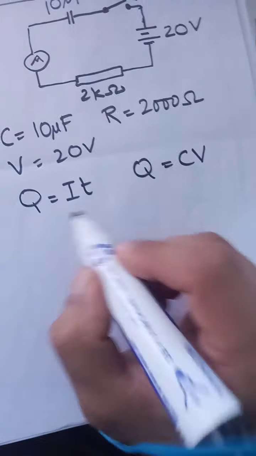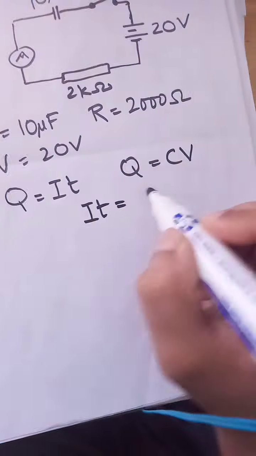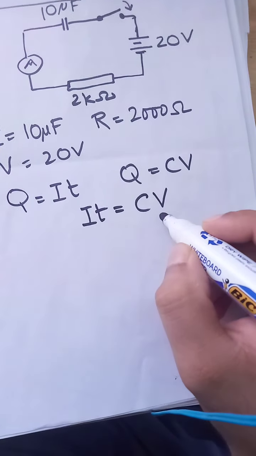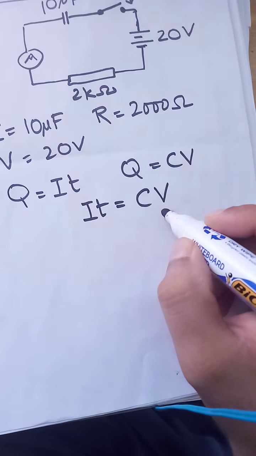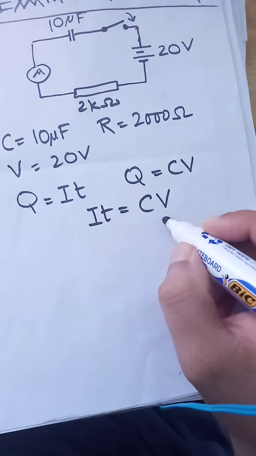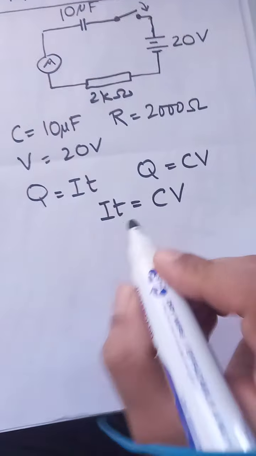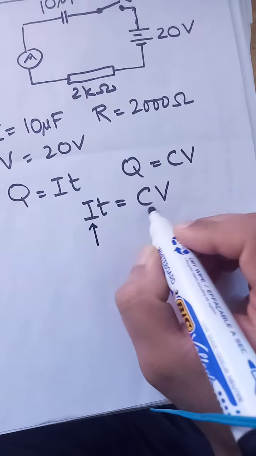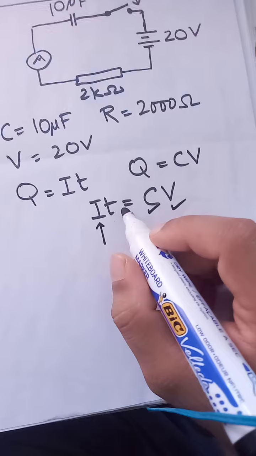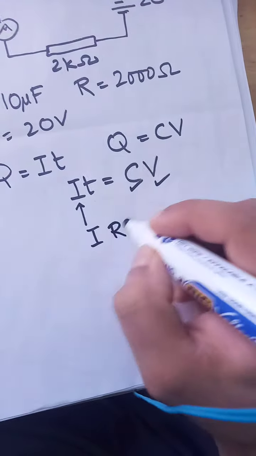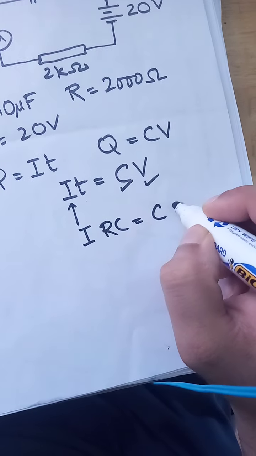So we have the C, the V, and we don't have this. So we need to find this, but we've got this and this, and what about this? Because this is supposed to be RC. What's happening here?